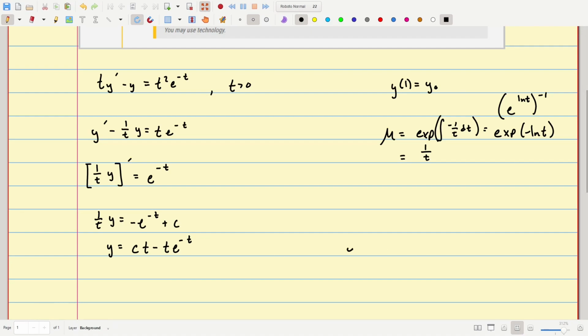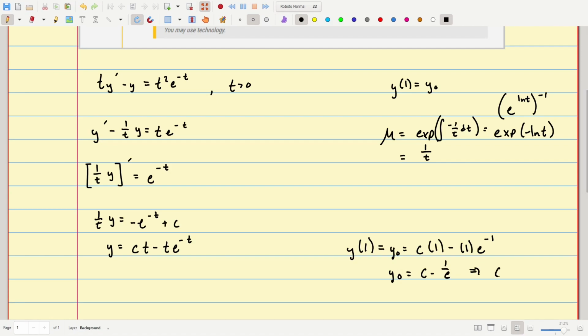And now what we can do is apply our initial condition by plugging in 1. We have to choose a t not equal to 0 because we're given a positive value for t, which is why we're applying our initial condition here. Have some placeholder value, why not? That's going to be equal to c times 1 minus 1 e to the negative 1. And so y naught is going to be equal to c minus 1 over e.